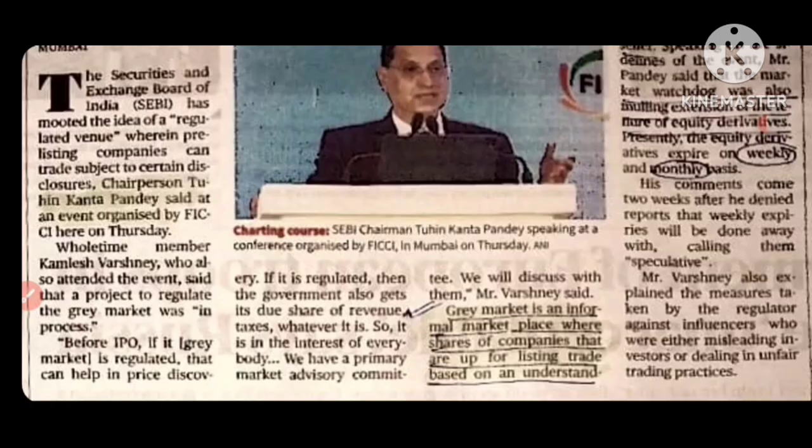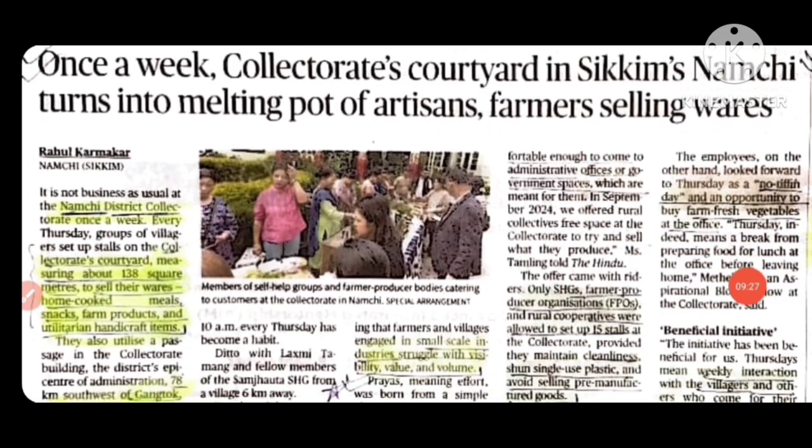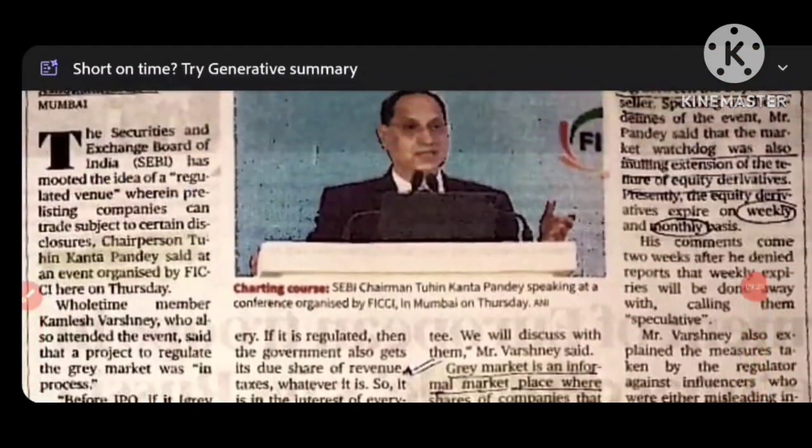It is unregulated, it is unauthorized, but legal. It's not illegal, it's legal, but unauthorized and informal. And here basically the selling and buying of shares is taking place. Okay, that is all I think. So this was the news.